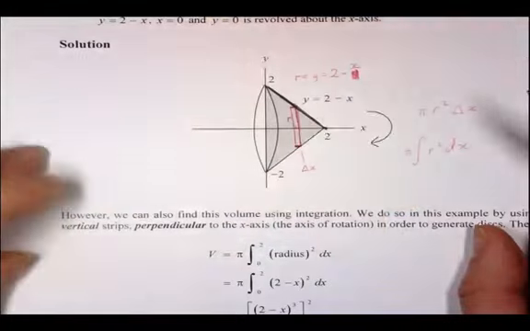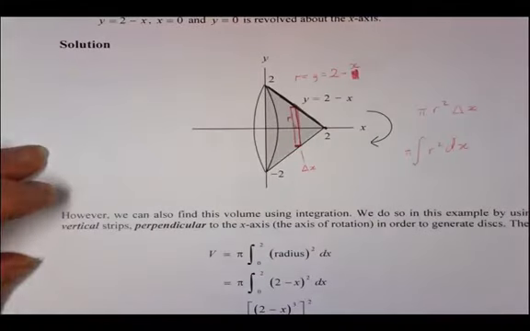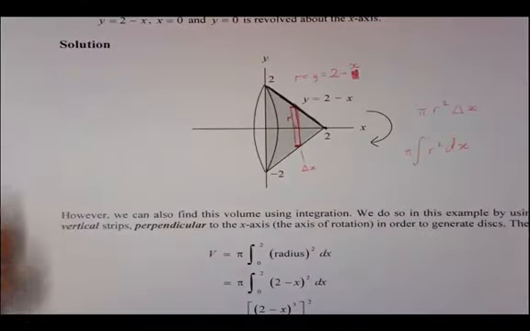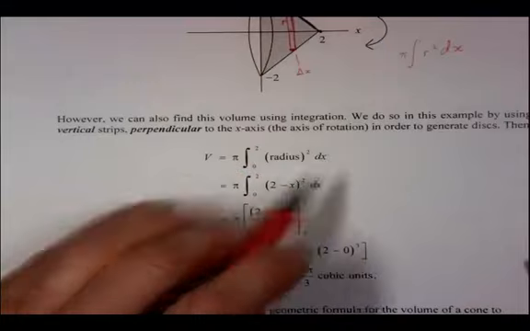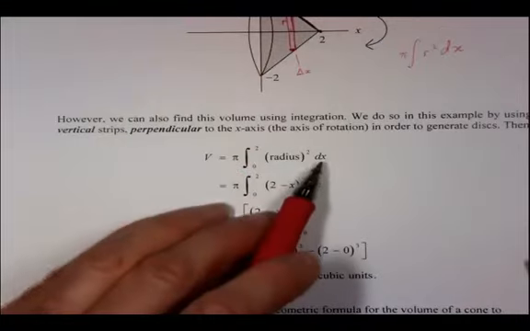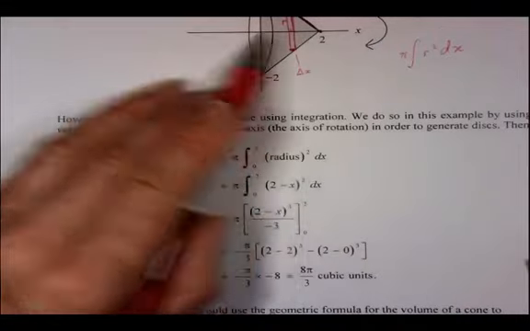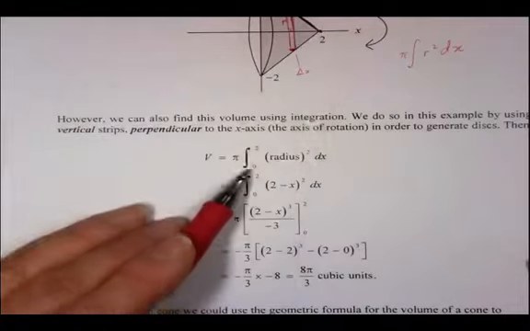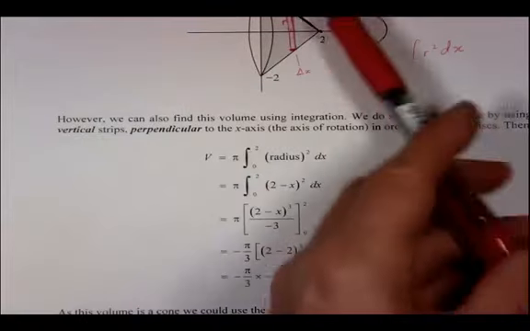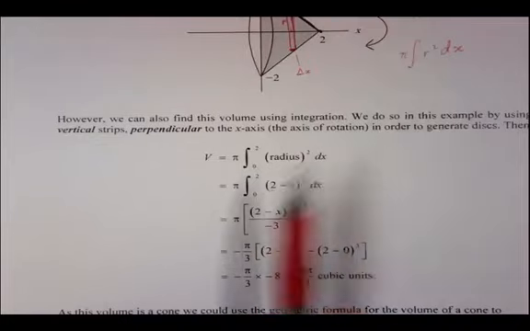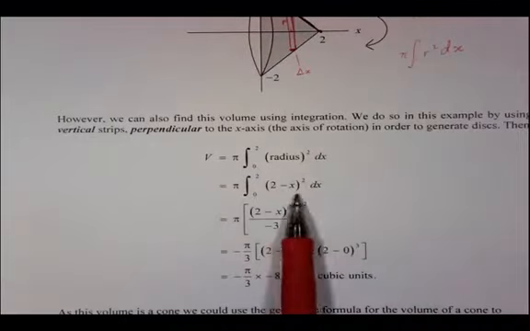I put the pi out the front just because I can put a constant out the front. Makes it look easier. So coming down here, that's what that first line says, pi r squared dx. And it is from x equals 0 to x equals 2. So 0 to 2 is correct. And the radius is 2 minus x. So 2 minus x has gone in there.